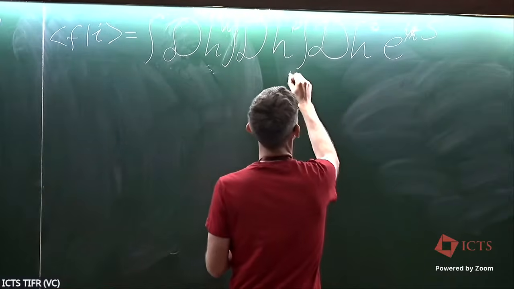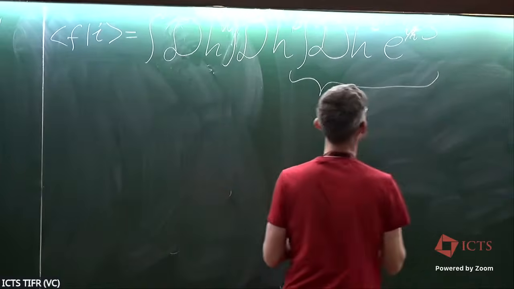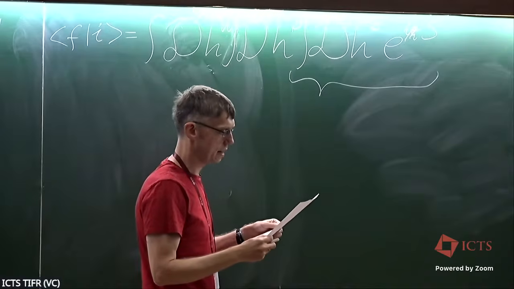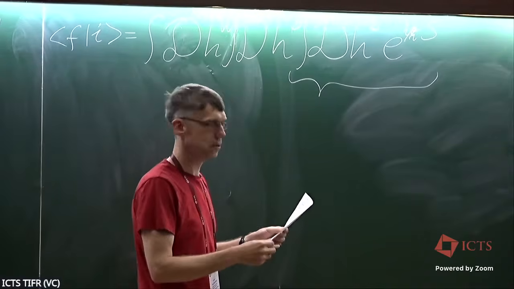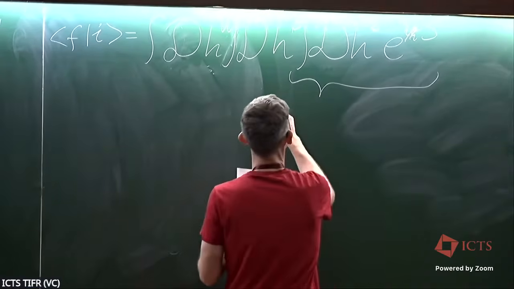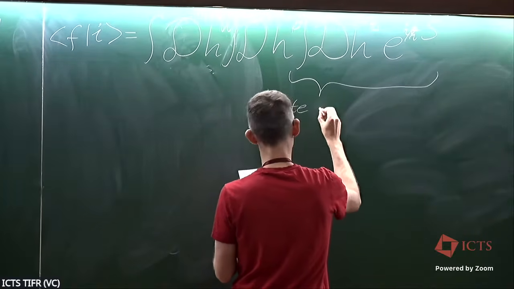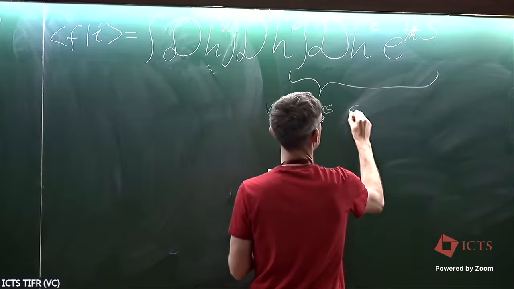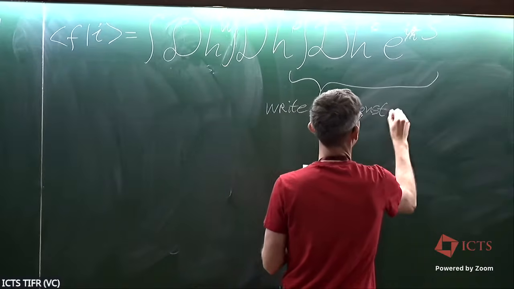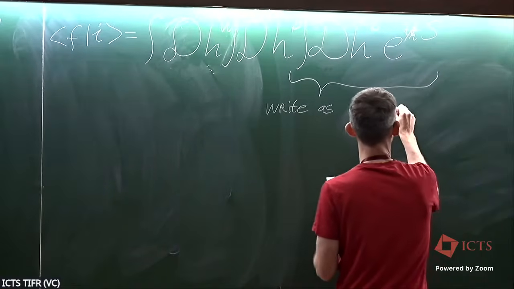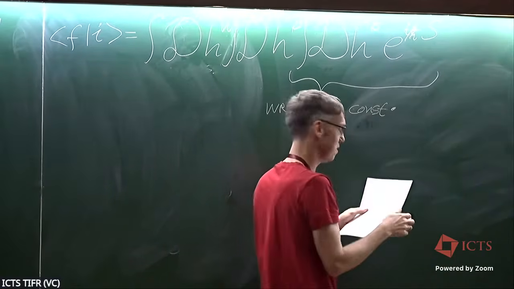Now, what one can do is one computes this integral and then rewrites it again as an exponential, right? So we can write this as some constant. In general, there's always some constant in front.